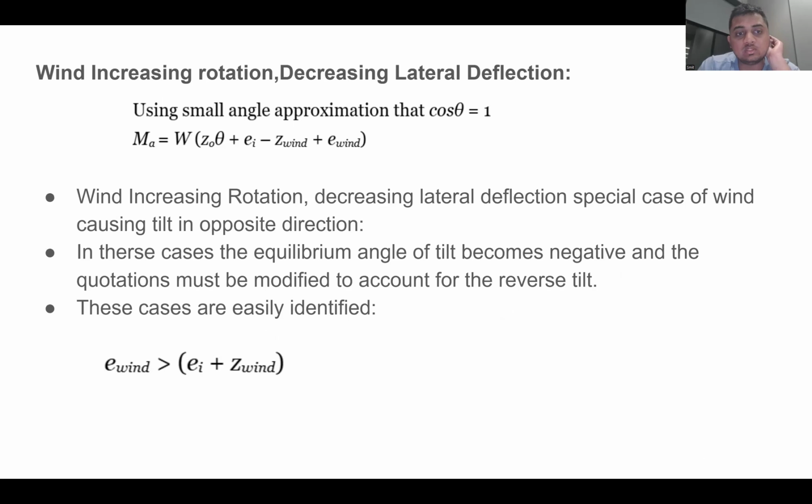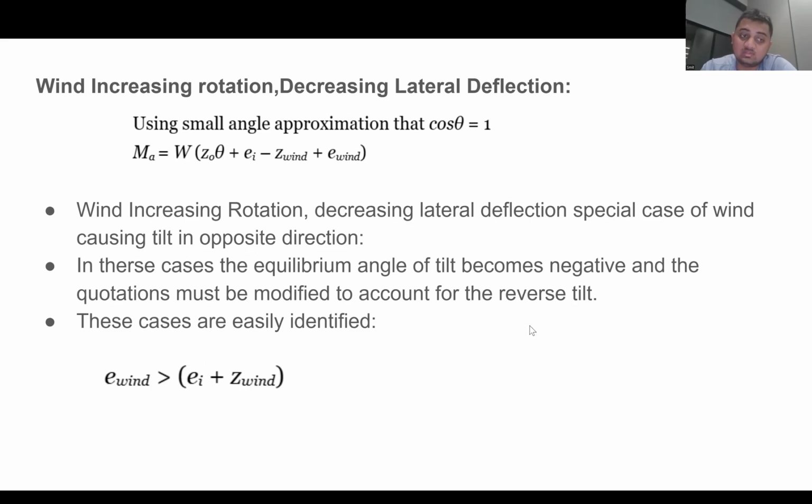And for the special case of the wind causing tilt in the opposite direction, in these cases the equilibrium angle of tilt becomes negative and the equation must be modified to account for the reverse tilt. These cases are easily identified by the equation.